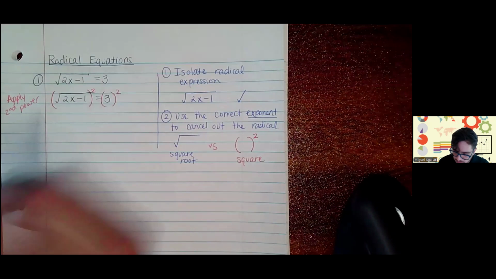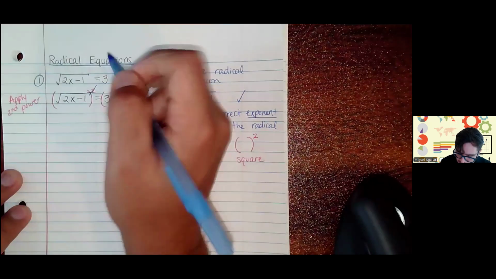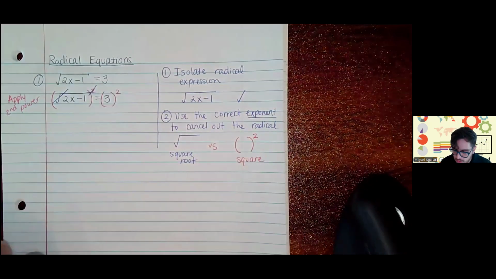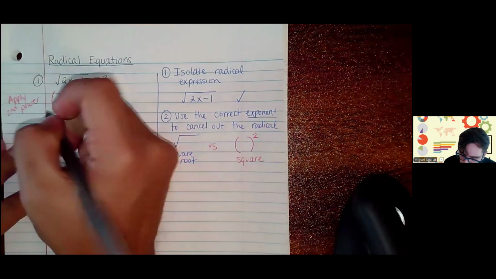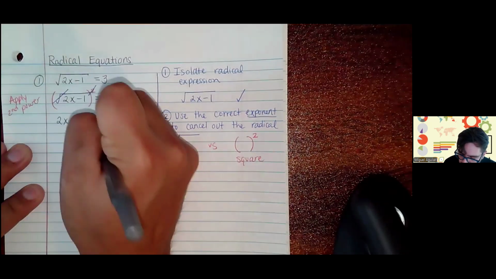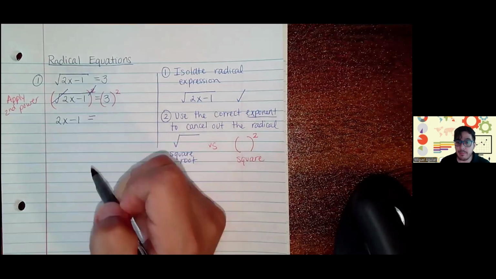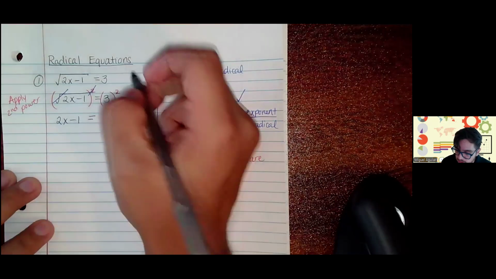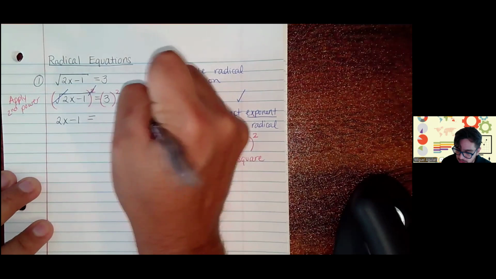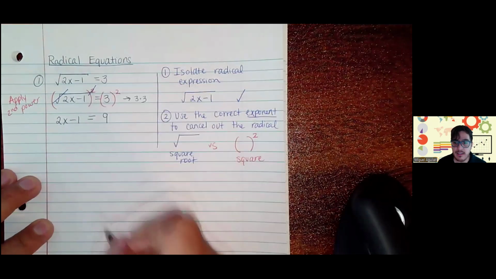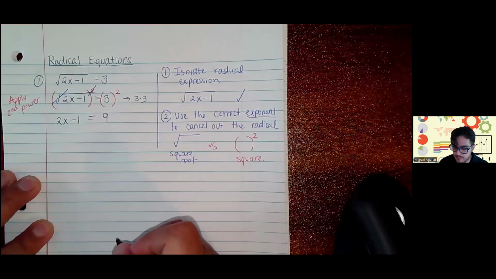And as you guys know, the second power and the square root cancel each other out. So what I should be left with is 2x minus 1 is equal to, and over here we have 3 to the second power, which if you need to remind yourself, that's going to be 3 times 3, which simplifies to 9. Okay.